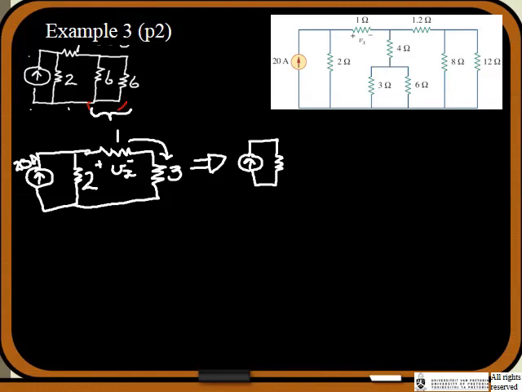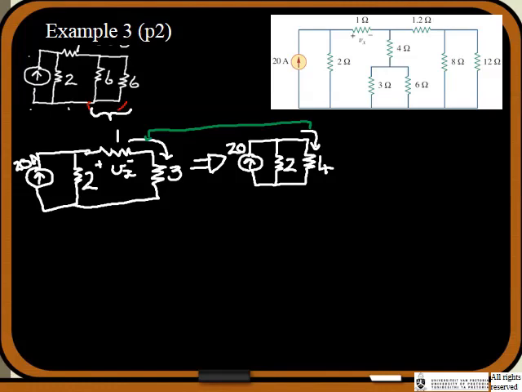The 1 and the 3 in series will give us a resistance of 4 ohms, and then we've got 2 ohms there, and then we still have the 20 amps. So now we can find the current that flows through the 4 ohms, which is the same current flowing through the 1 ohm, which is what I am looking for.